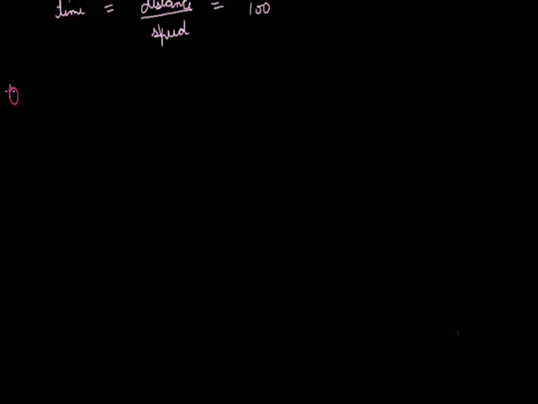Next question is related to circular motion. In this question you are given a circle, and on this circle a cyclist starts from its very center, point O, and from O he moves to point P, from P he moves to point Q, and from point Q he moves back to point O. These arrows represent the direction of motion of the body.